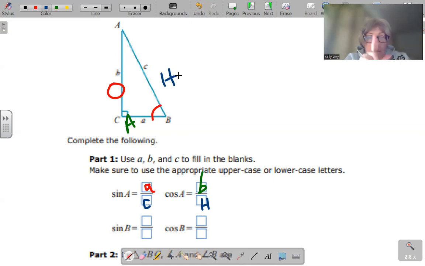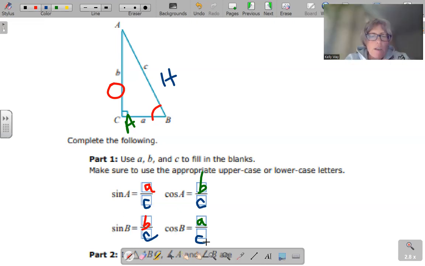So in this case, the sine, opposite over hypotenuse, is B over H, which is, down here, the H is not H, it's C. B over C. And the cosine of B is going to be that letter A variable over C.